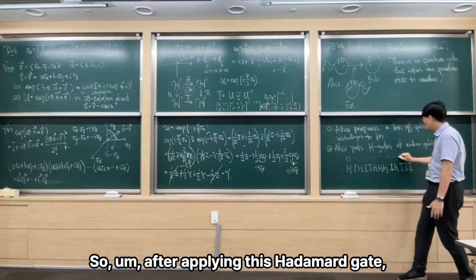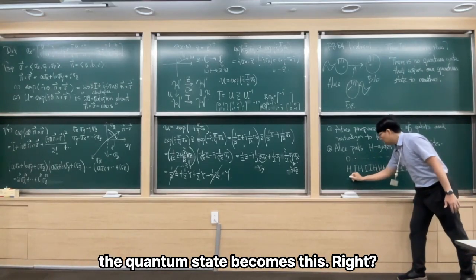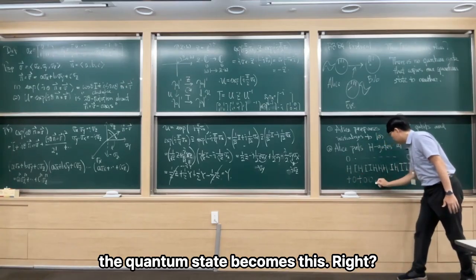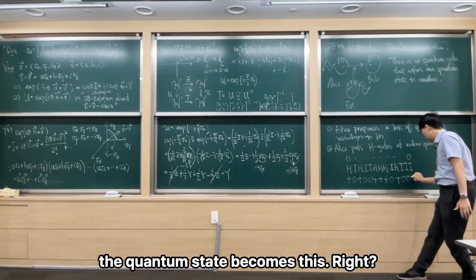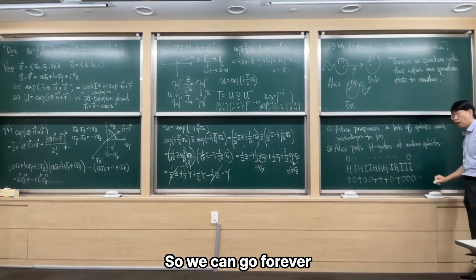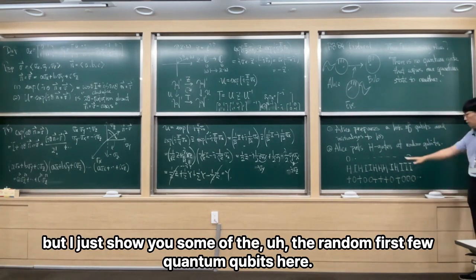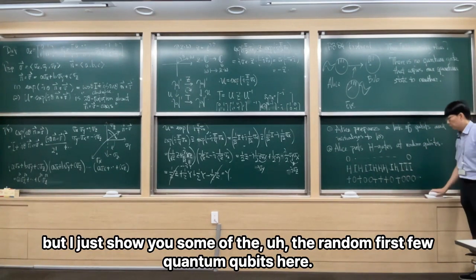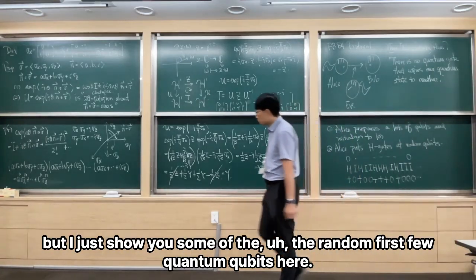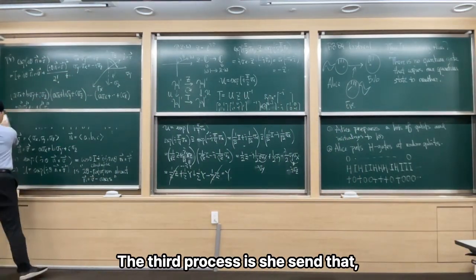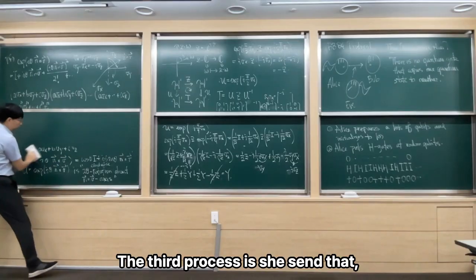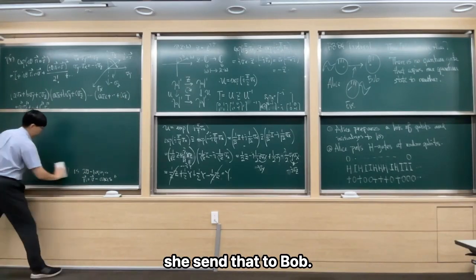After applying this Hadamard gate, the quantum state becomes this. Right? We can go on forever, but I just show you some of the first few random qubits here. And the third process is she sends that to Bob.